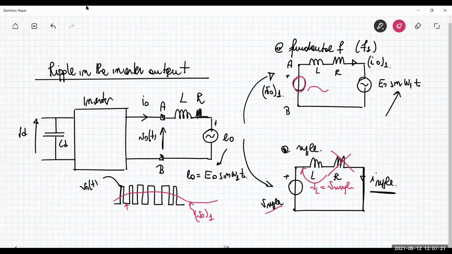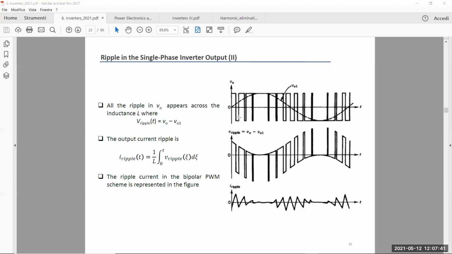Just to give you an example, in order to estimate the ripple in the current for these inverters, let me share the slide, because in the slide I put some well-done waveforms. You should see something here. This case is for the bipolar pulse width modulator.